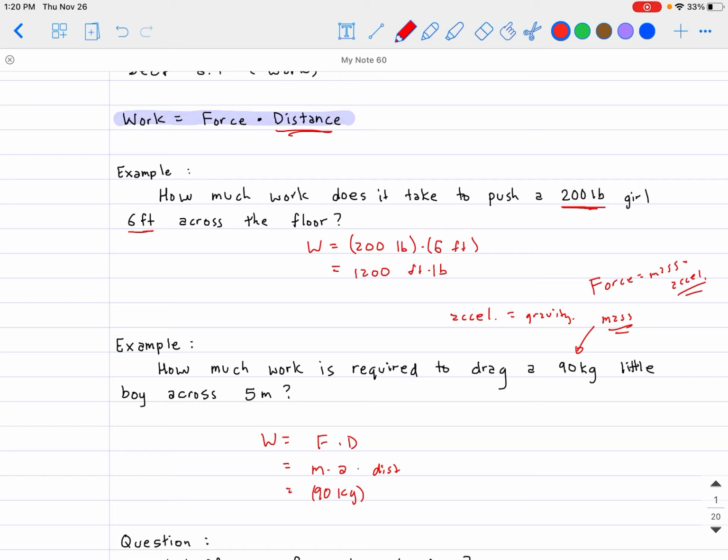Mass, which is 90 kilograms, multiplied by the acceleration, which is gravity, 9.8 meters per second squared, and then multiplied by the distance traveled, which is 5 meters. So take all those numbers and multiply it out, and that is going to be our answer. In this case, it comes out to be approximately 2,450, which is going to be a really weird unit.